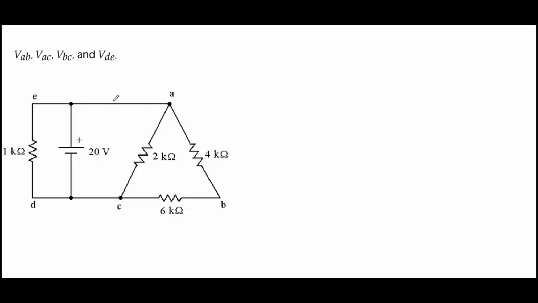Now this whole thing is one node, and the whole circuit can be redrawn in a simpler way, like a source and the resistor here, and the 4 kilo ohm is here and the 6 kilo ohm is here, and we have the DE branch here.